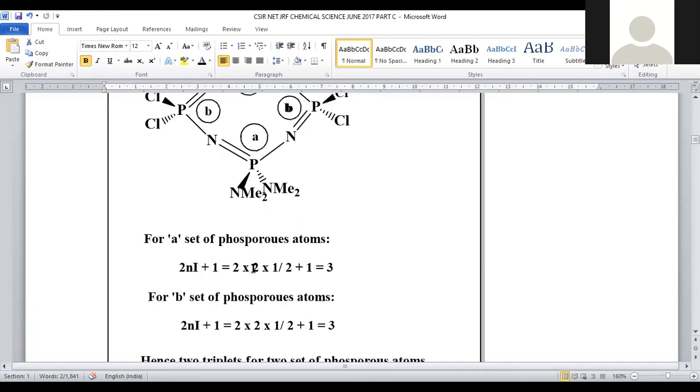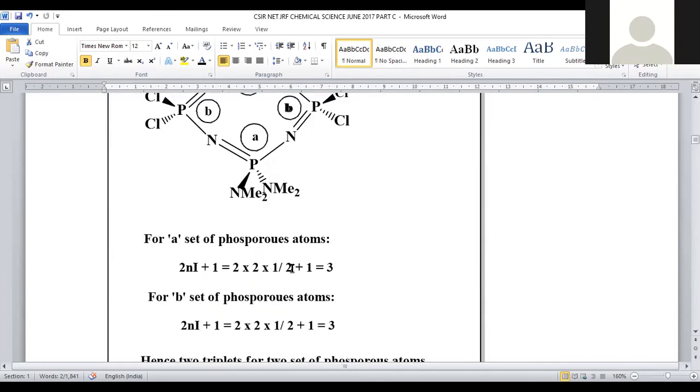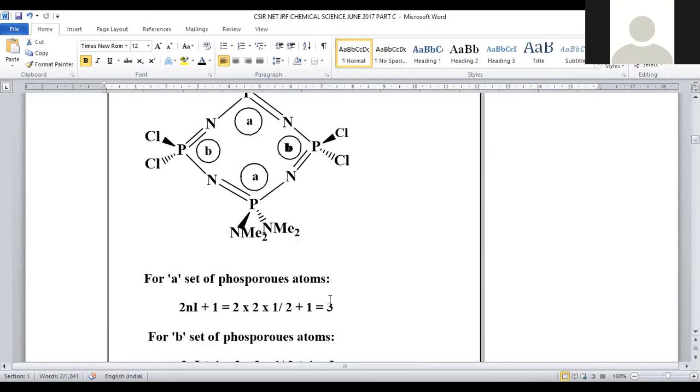So n becomes 2, and I, the angular momentum value for phosphorus, is half only, right? 2 into half plus 1. The numerator and denominator 2 get cancelled. 2 plus 1 will be 3. So A type of phosphorus atoms exhibit a triplet. So 3 peaks will appear for that one.